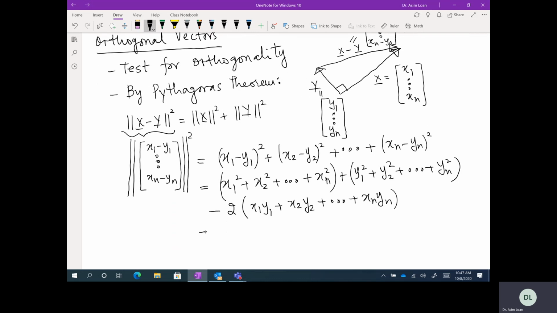Now by Pythagoras theorem, this is equal to the norm of x squared plus the norm of y squared.